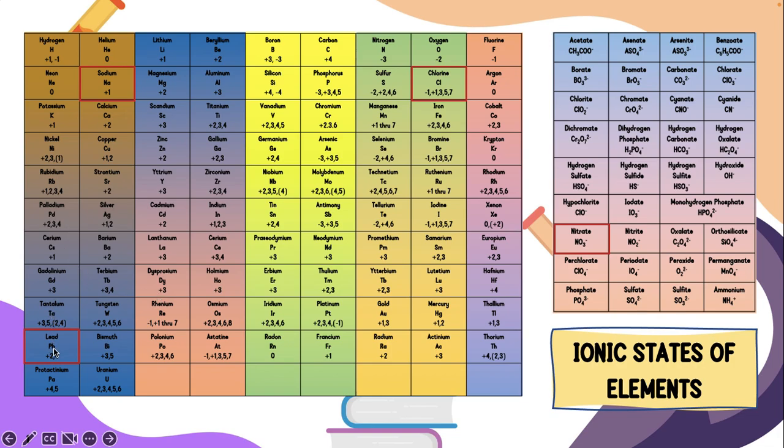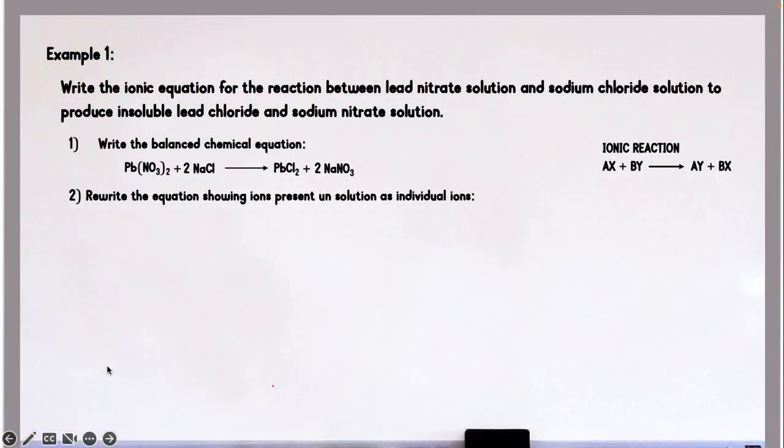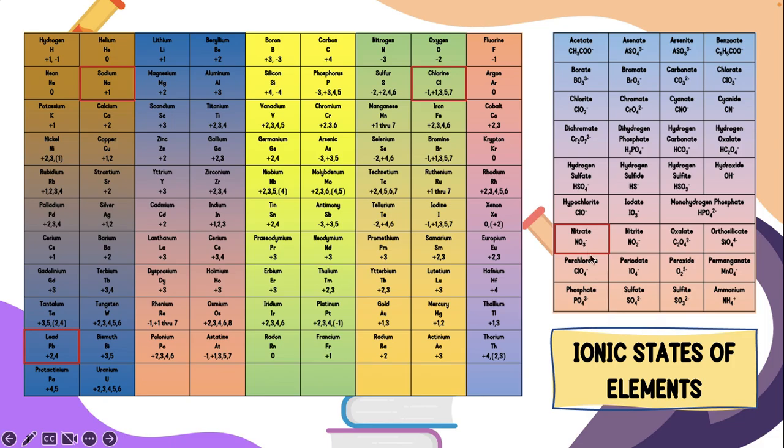Lead is here, and its respective ion is 2+. So we're going to write lead as Pb 2+. Now we have to find nitrate. We go back, find nitrate. Nitrate is here, and it is minus.